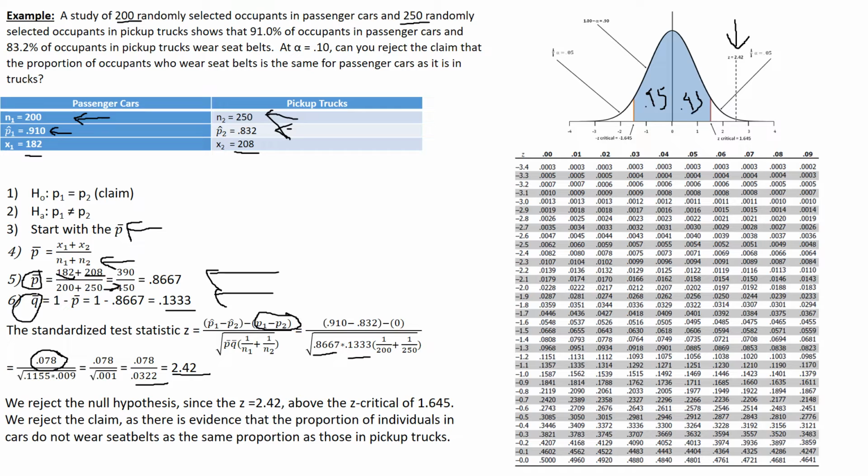That leaves 0.05 on both sides, which is 0.10. So from here to here is 0.5 plus 0.45, which is 0.95. And 0.95 is 1.645, one of our common ones. So it's going to be negative 1.645 and positive 1.645.